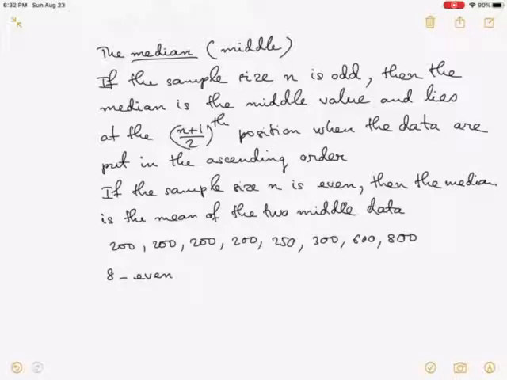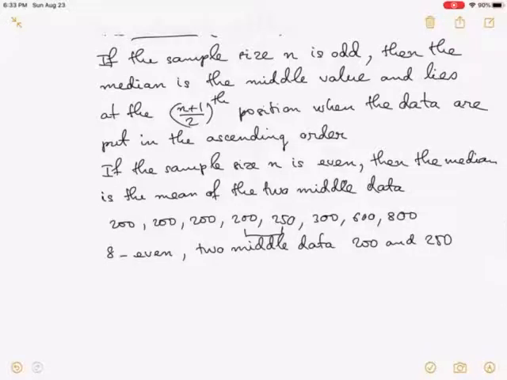Then we have 2 middle data values, 200 and 250. So the median price will equal 200 plus 250, the average of these two. So it's 225.